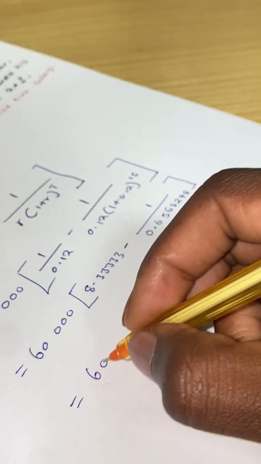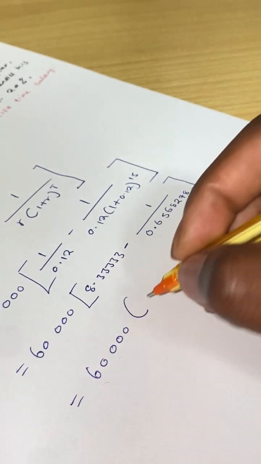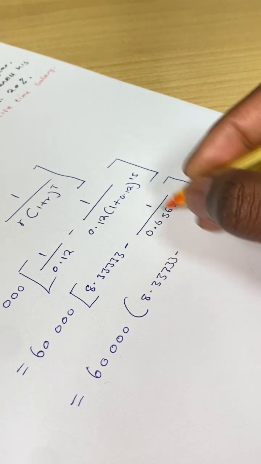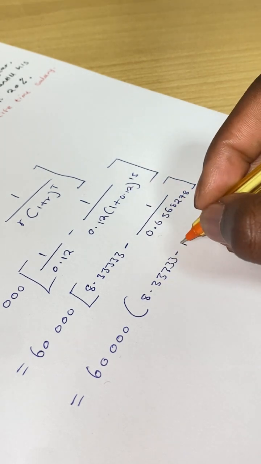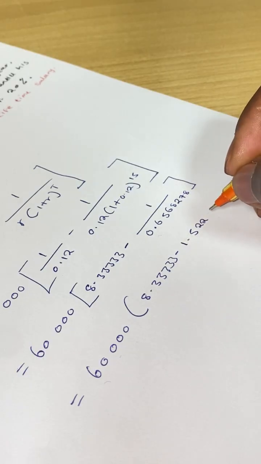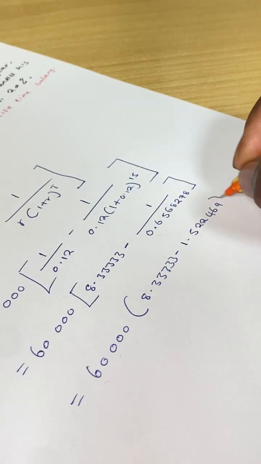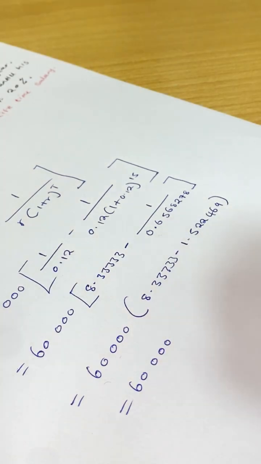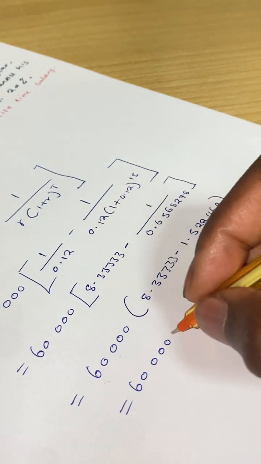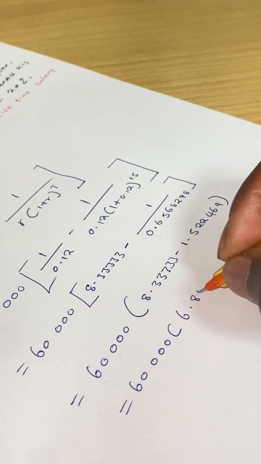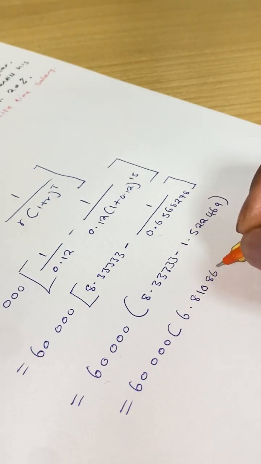So we're going to have 60,000, open brackets, 8.3333. Then this side, when I divide, it's giving me 1.522469. Okay, so we can subtract what's in the brackets. So we have 60,000, and when I subtract, it's giving me 6.81861.